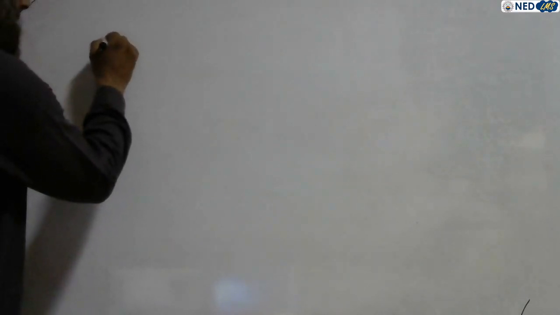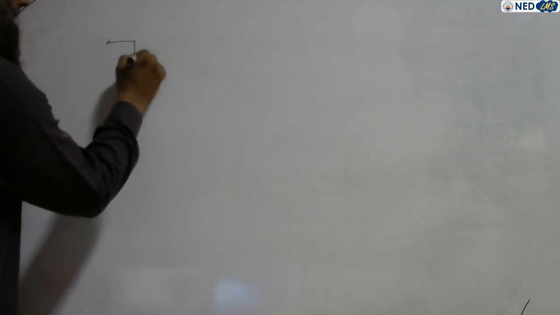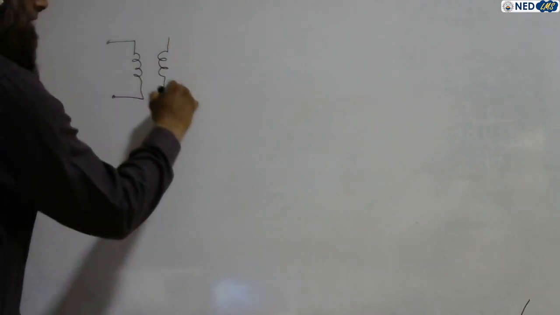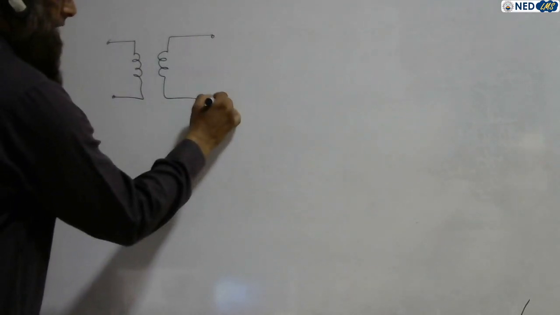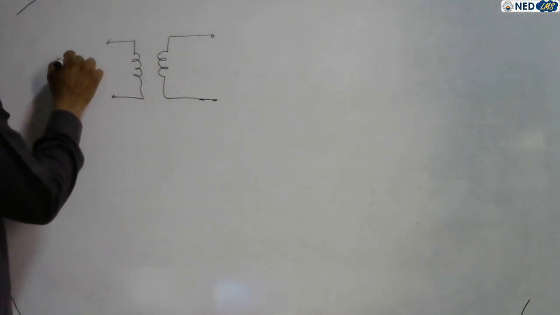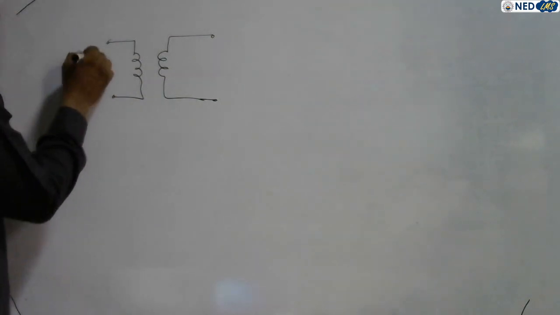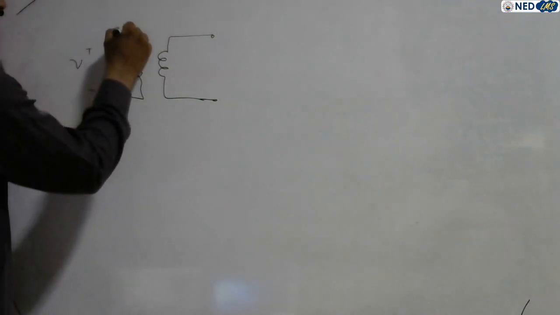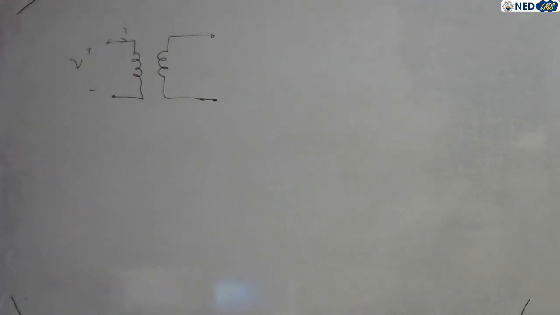Okay, now we have studied self inductance. Now we come to mutual inductance. When there are two coils in close proximity, one coil and a second coil, and supply is given to the primary side, a current will flow in the first coil.